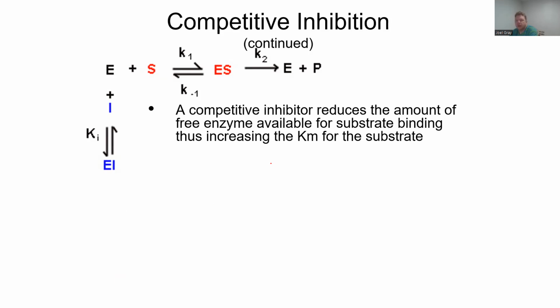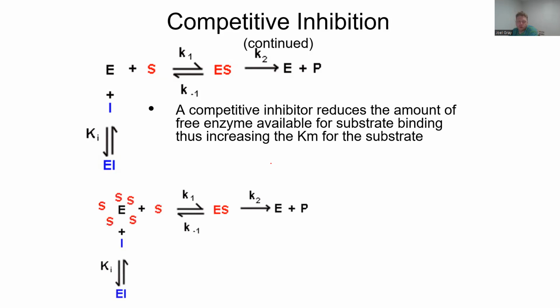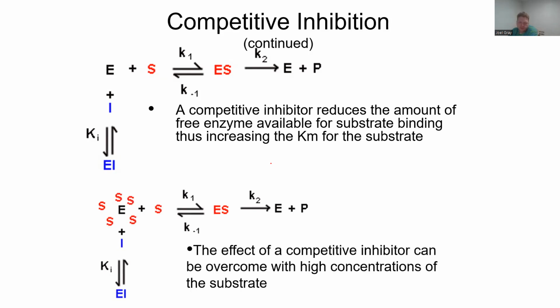If the KM goes up, then the affinity for the substrate goes down, okay? So what this effectively means is that if you give this enzyme and inhibitor mixture more and more of the substrate, your substrate can outcompete the inhibitor. The effect of a competitive inhibitor can be overcome with a high concentration of the substrate.